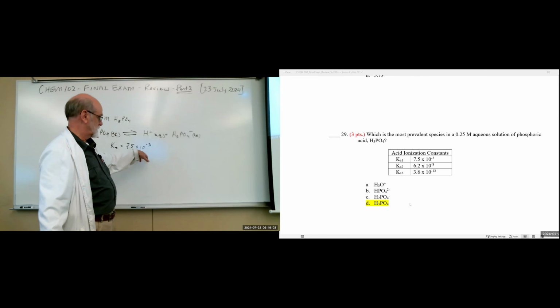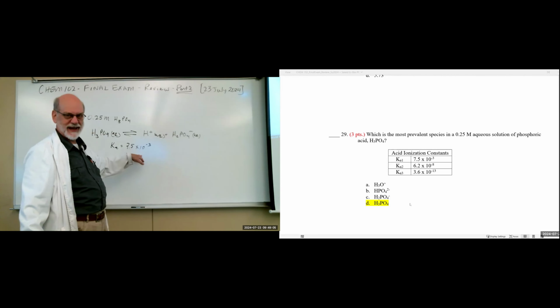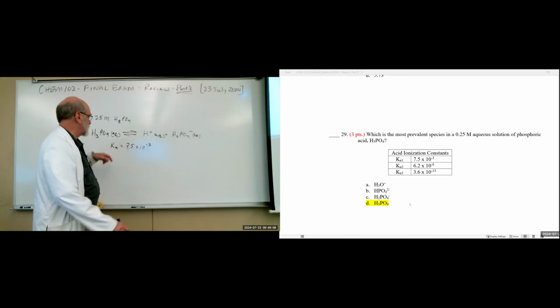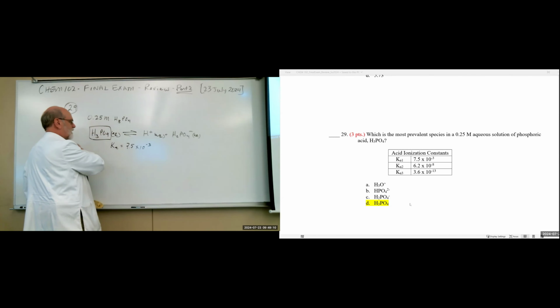It's 3 orders of magnitude smaller than 0.25. So the dominant species is still H3PO4 right there.